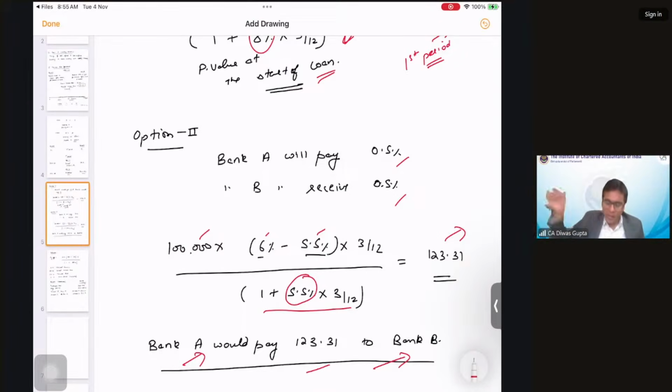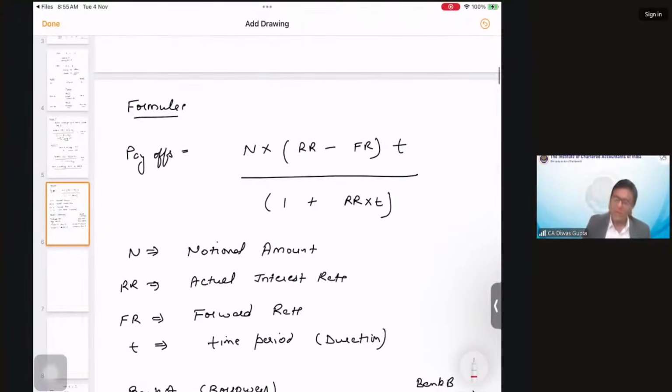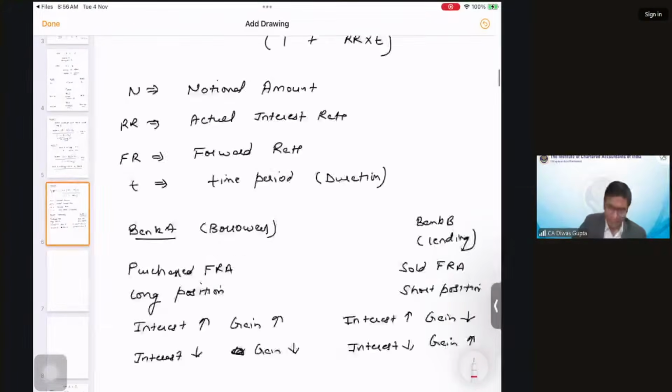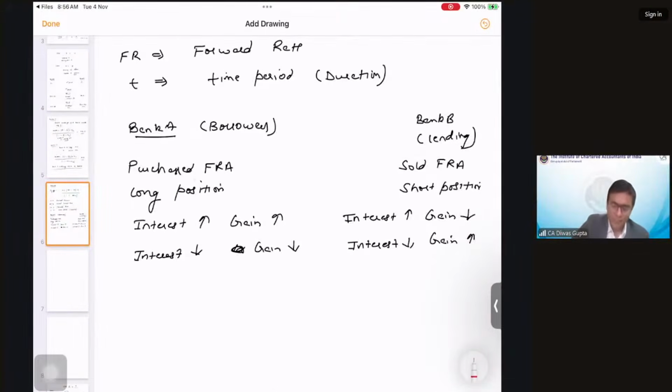Now in this, we have already covered the formula as well, students. This was the formula, right? The notional amount multiplied by the required rate minus forward rate into time period, divided by 1 plus RR, where RR is the actual interest rate, multiplied by T. And from a borrower's lens, we call it the purchasing of FRA.